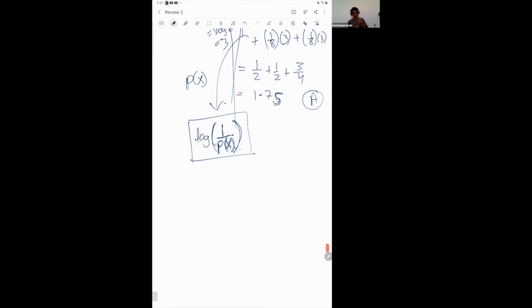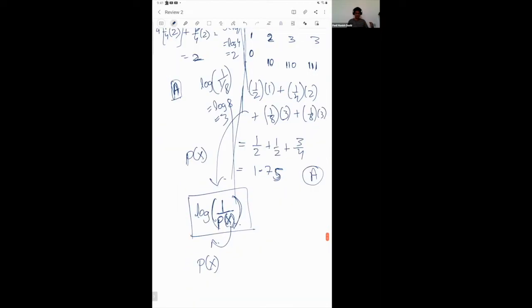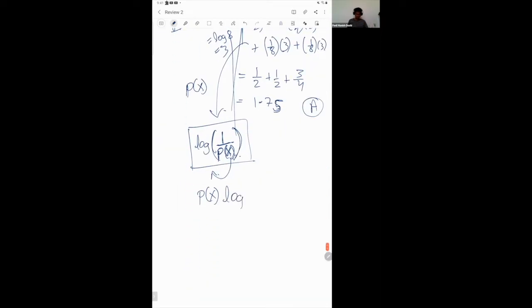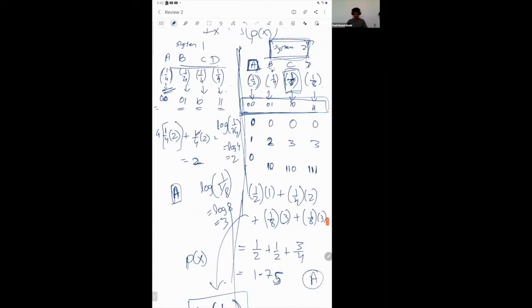And given a data stream, this x is only going to come p of x times. So if I give you all of these data points, then this would be p of x times log of 1/p of x. This is how many bits I would need for one event, and a summation over all the possible xi's would provide me the entropy of the system.